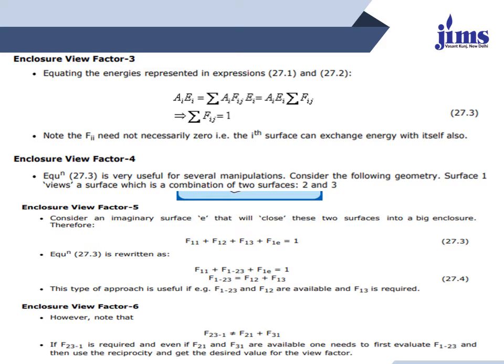Mathematically, F11 plus F12 plus F13 is equal to 1, F21 plus F22 plus F23 plus F2n is equal to 1, and Fn1 plus Fn2 plus Fn3 plus Fnn is equal to 1. Note, however, that F231 is not equal to F21 plus F31. If F231 is required, even if F21 and F31 are available, one needs to first evaluate F23.